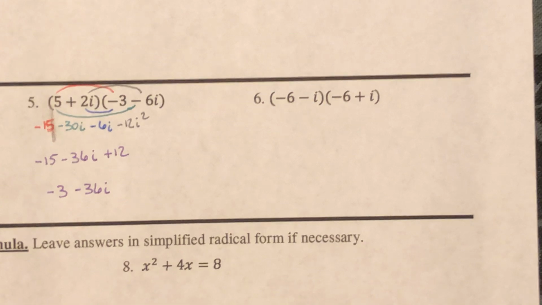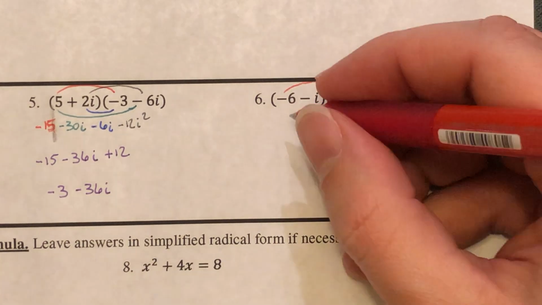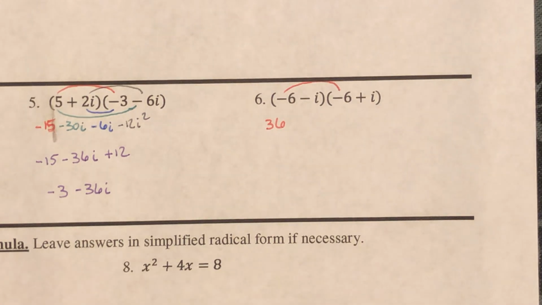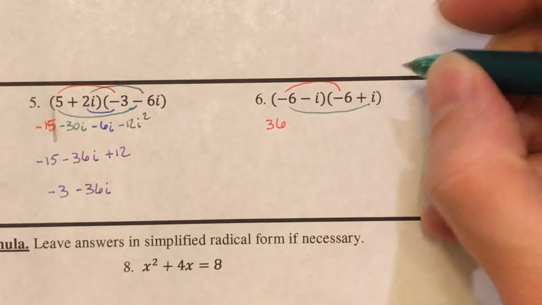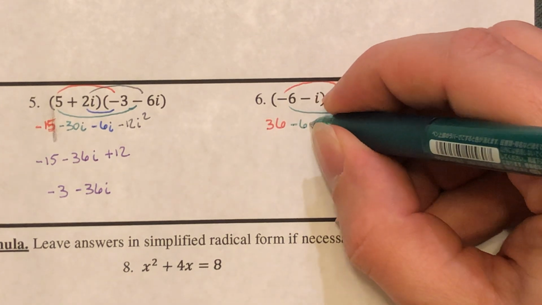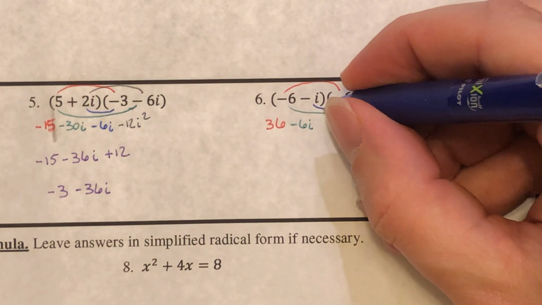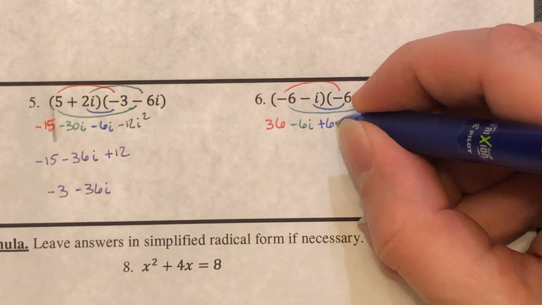Same process follows for question 6. So I do negative 6 times negative 6, which is 36. On the outside, I have negative 6 times i, so minus 6i. Negative i times negative 6 is going to be plus 6i.